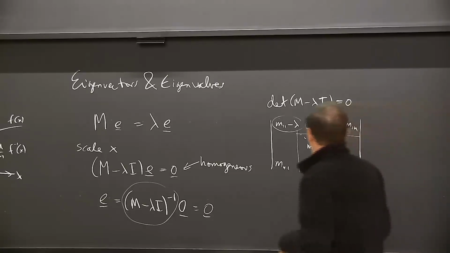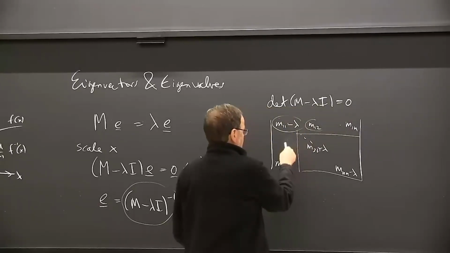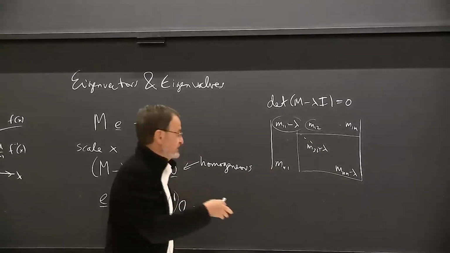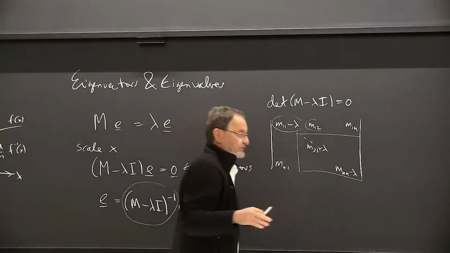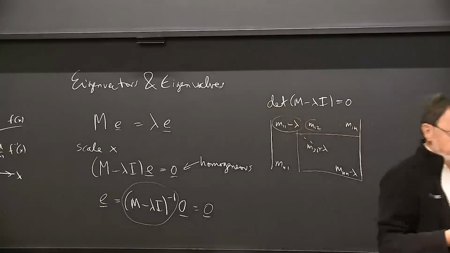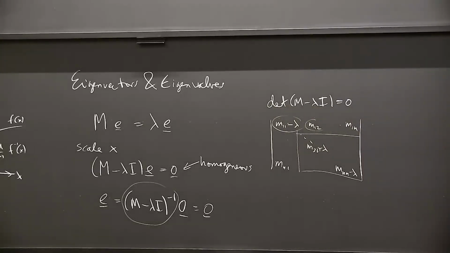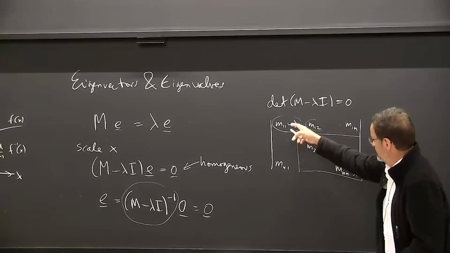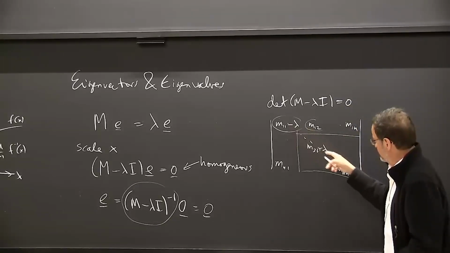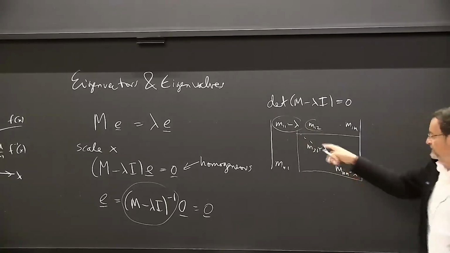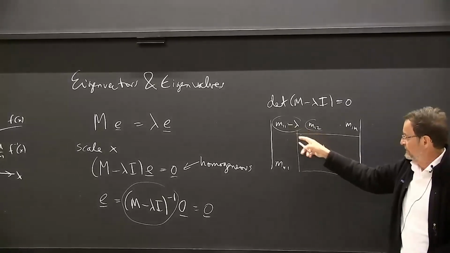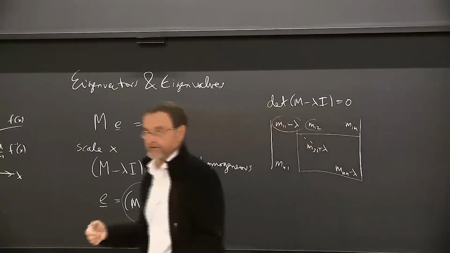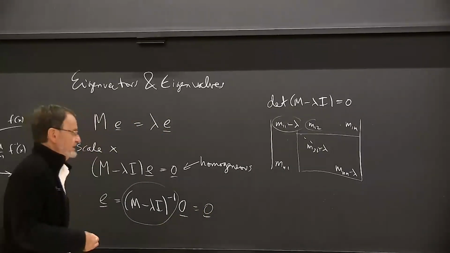The key thing is that we're taking something from here and something from there and so on, never repeating columns or rows. And there are large numbers of ways of doing that, which is why it's actually computationally expensive. But the key thing is that we can get a term as large as this one along the diagonal in terms of lambda. So if we look at the product of all of the terms on the diagonal, that'll be part of the determinant, one of many parts.